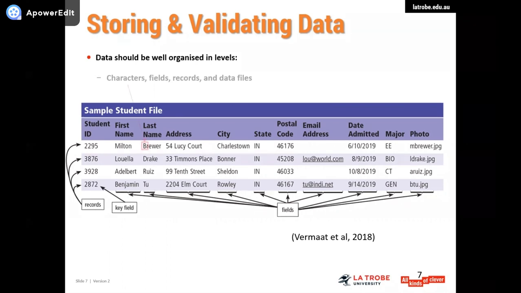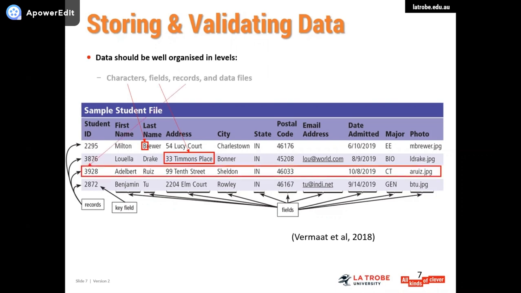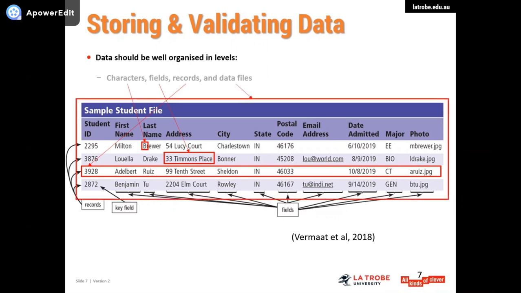A character means one letter or one number in one item. A field means one complete data item in the database. A record means several fields combined together to form one complete piece of information. And a data file means the whole data set consisting of several records.